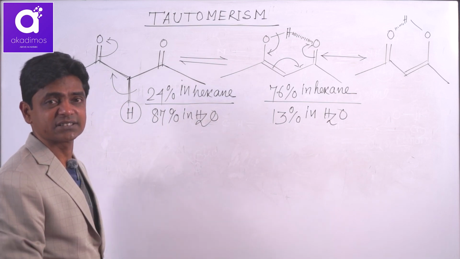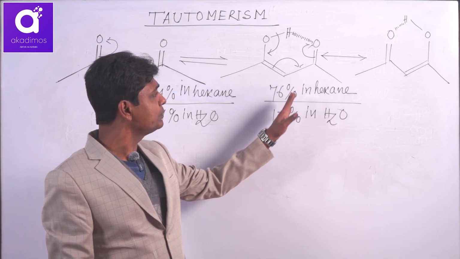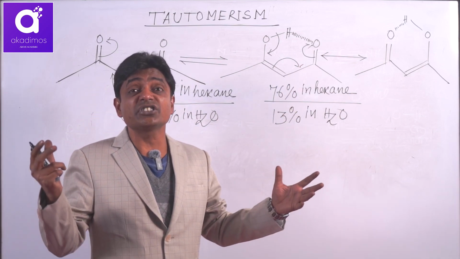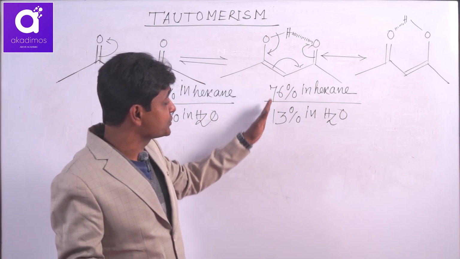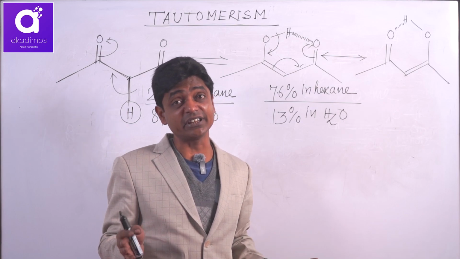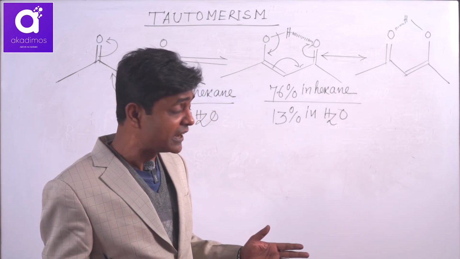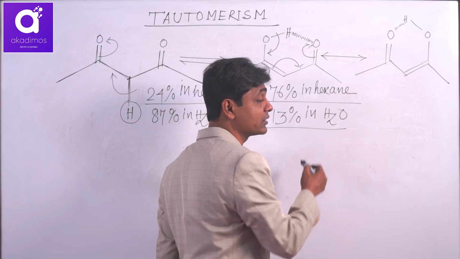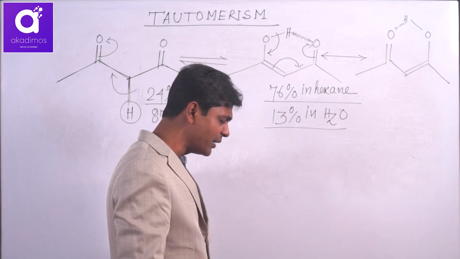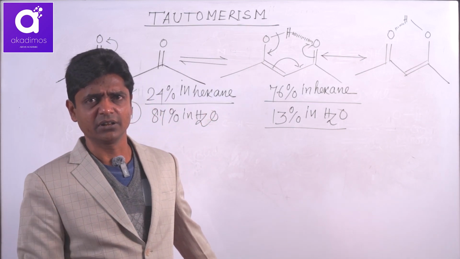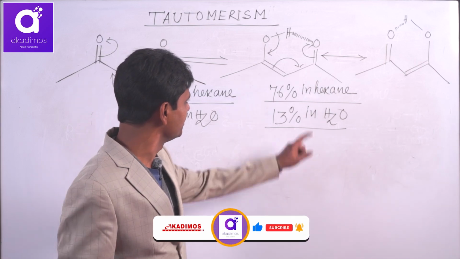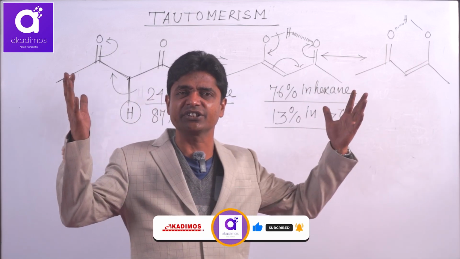Now the question is, how? The percentage is so abnormally high, 76% in hexane, and why does its percentage reduce with increase of solvent polarity and is minimum in water? How? Actually, you have to know the reason for the additional stability, and due to that additional stability, its percentage is abnormally 76%.